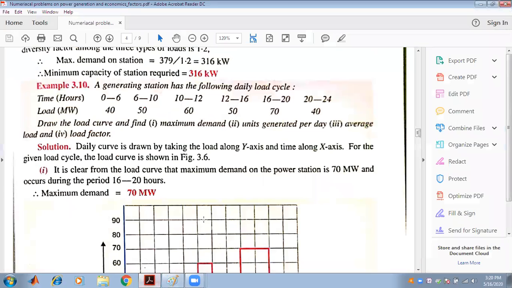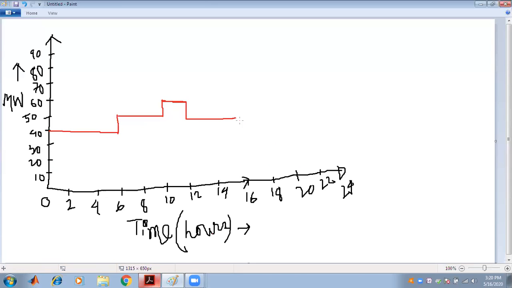Now, from 16 to 20, demand is 70. From 16 to 20, demand is this 70. It is carried from 16 up to 20.